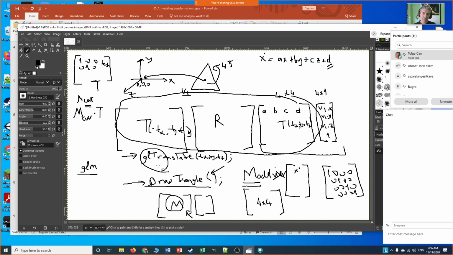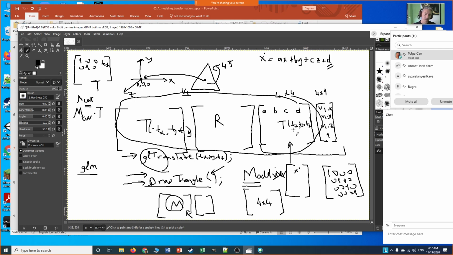Now the implication of this is, consider the last call. Since it's right multiplying itself with the current matrix, the rightmost entry here is the first transformation that is applied.